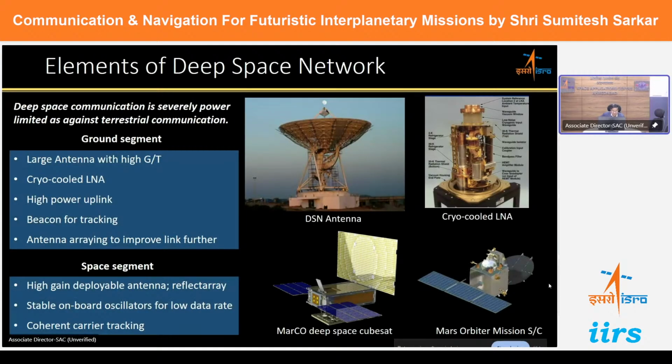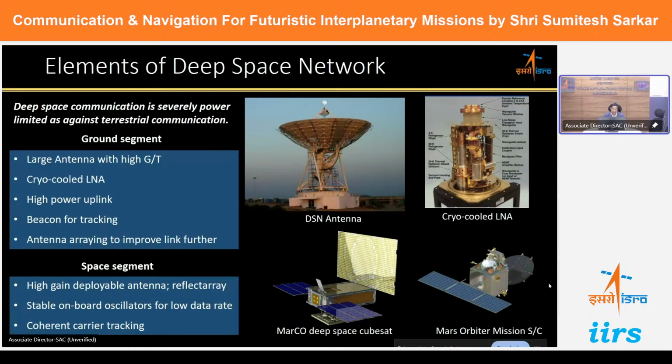So DSN at present has a huge antenna and a cryo-cooled LNA, low noise amplifier. That is the first amplifier after the antenna system. As I said, any amplifier generates noise on its own because of electron movements. Whereas this cryo-cooled low noise amplifier generates a minimum quantity of noise, a very, very low level.